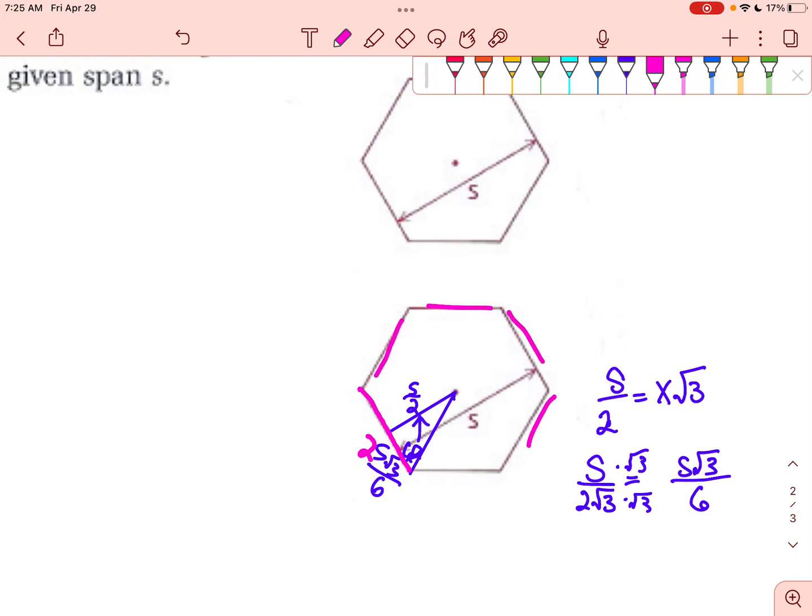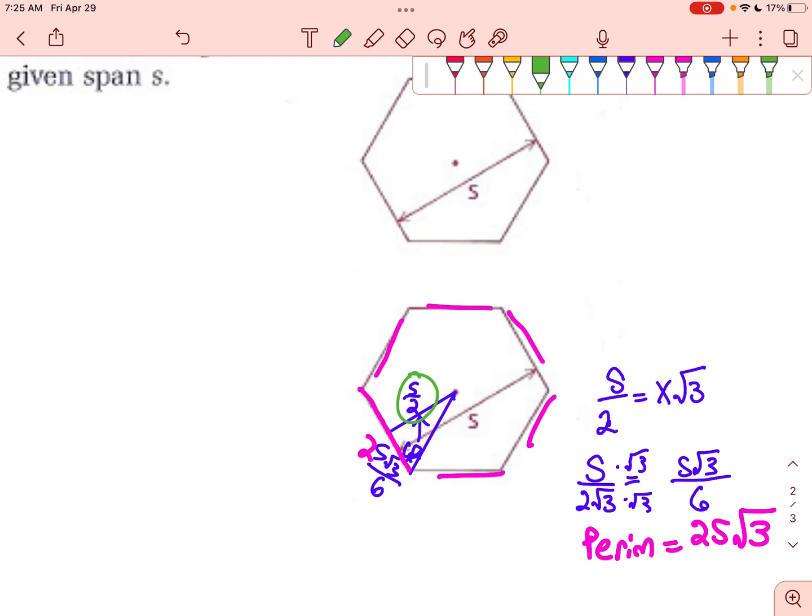And then of course you have 6 of them. So what happens is it just ends up being that the perimeter is 2s root 3. And then, of course, you have your apothem as S over 2.